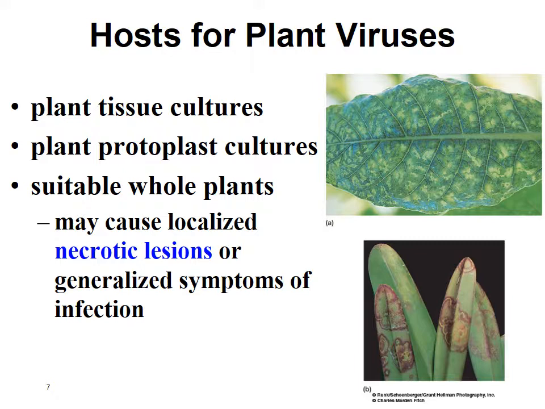Even when lesions don't occur, the infected plant may show symptoms such as change in pigmentation or changes in leaf shape. Some plant viruses can only be transmitted if a diseased part of the plant is grafted onto a healthy plant. The photo in B shows tobacco mosaic virus infection of an orchid, and it shows the characteristic leaf colour changes that occur.